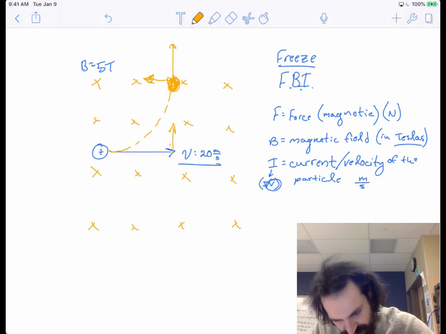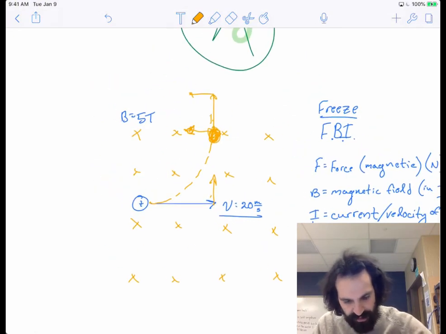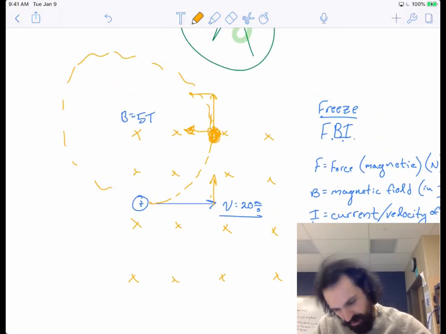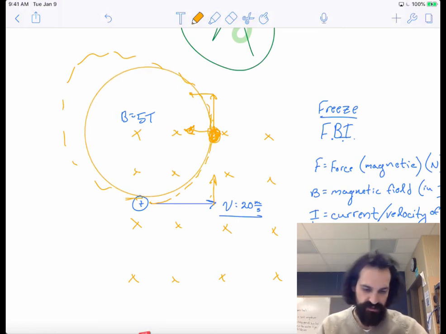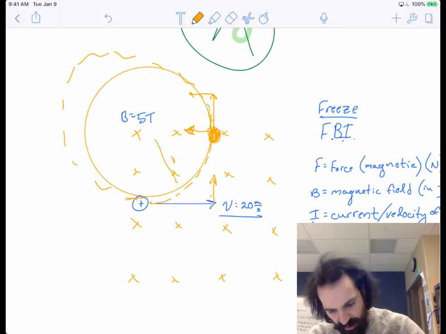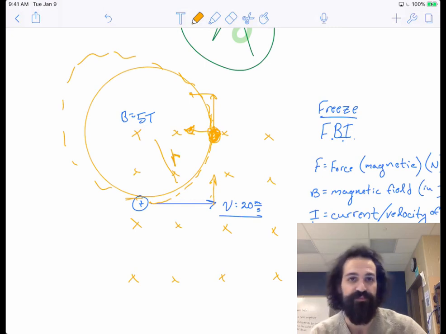So the particle wants to go straight, but there's a force to the left, and eventually, I think you guys have probably already realized, this particle is going to eventually start moving in a circular path of radius r, because every circle has a radius.